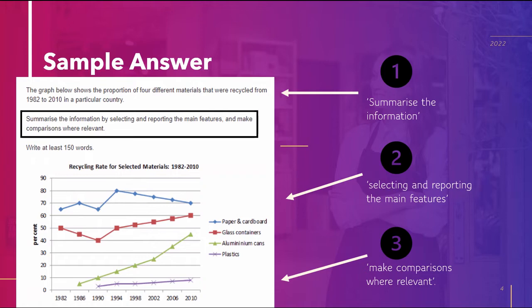Because the problem that a lot of candidates have is they straight away start describing the tiny details in this graph or in a process diagram or whatever it is that they're describing for task 1, and they go down into the tiniest details without even setting the scene.